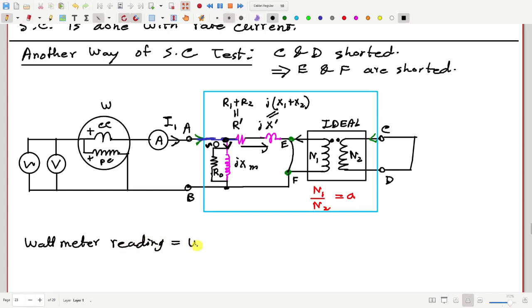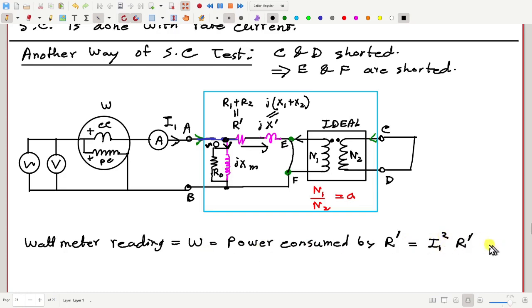So let me write W is equal to power consumed by whom? Consumed mostly by R prime, because through this R0 the current is negligible, so that doesn't consume much power. That's what we assume, and this is equal to I1 squared R prime.